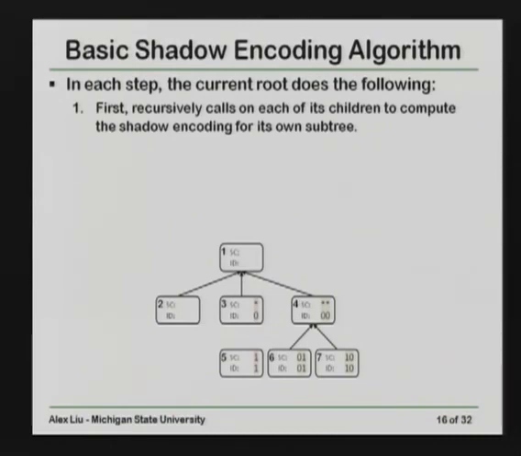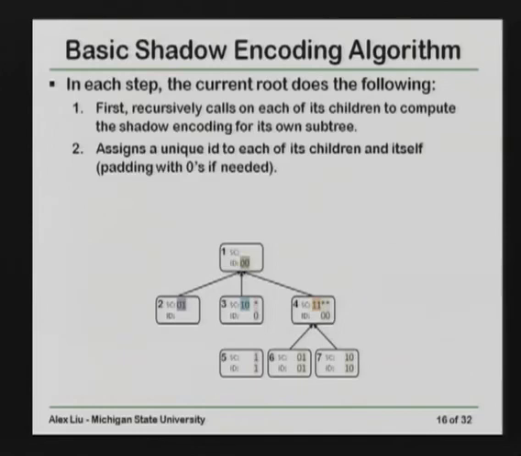We first do this shadow encoding for every child, and then second, we assign a unique ID to each of its children and itself. Looking at 1, 2, 3, and 4, the simple unique ID is just a binary encoding.